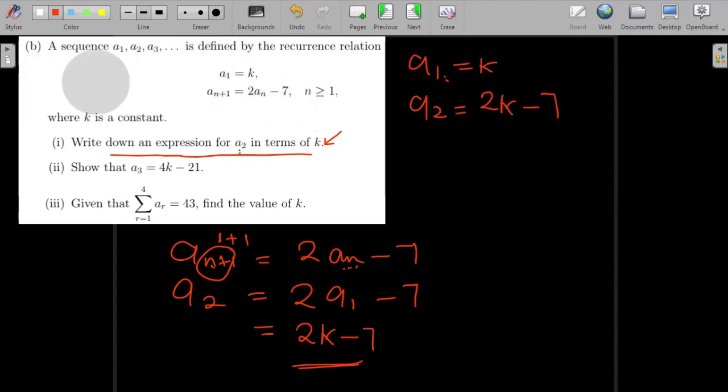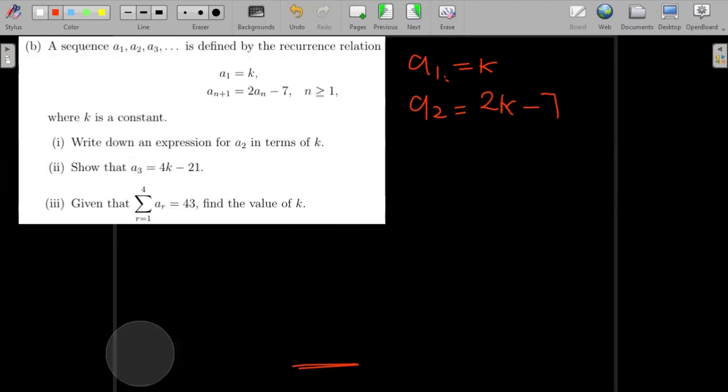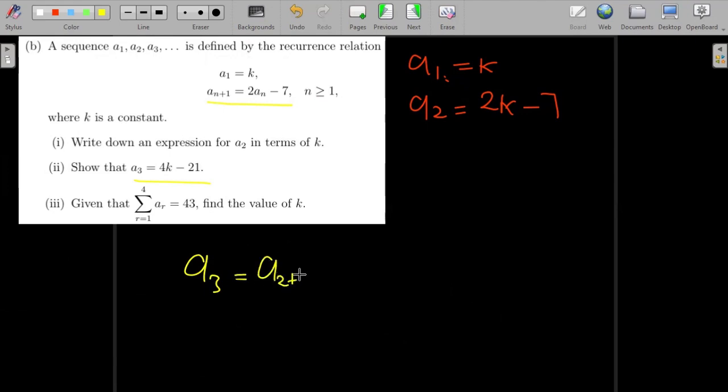All right. So the next thing is to show that A3 is equal to this. We are using this formula here. So A3 is the same as A(2+1), which is equal to 2A2 minus 7. In this case, the value of n here is 2.